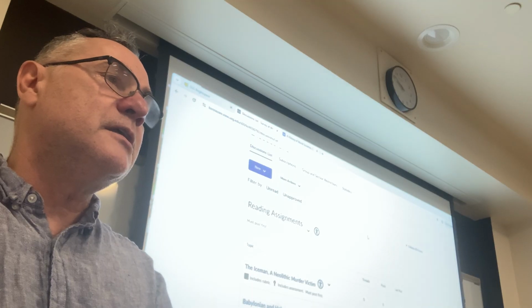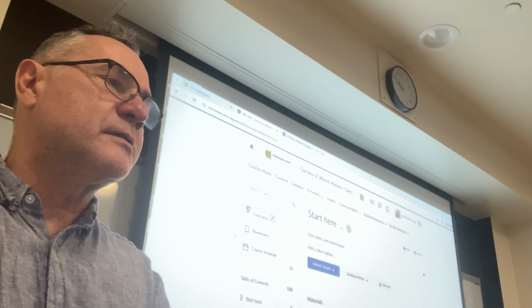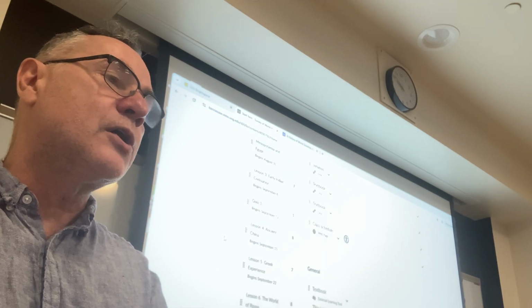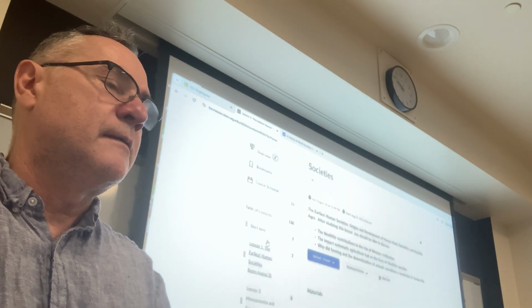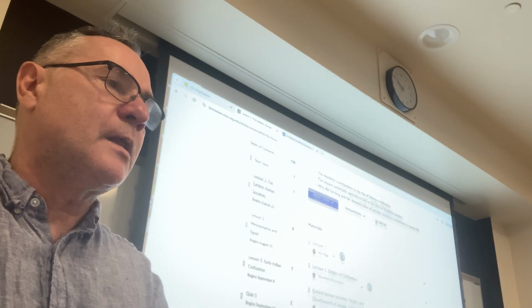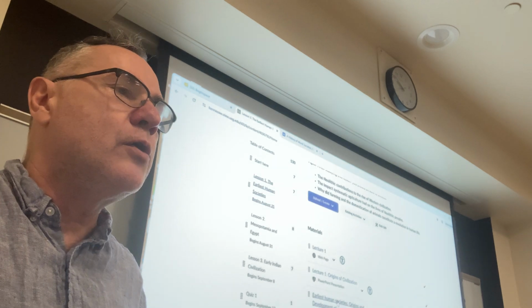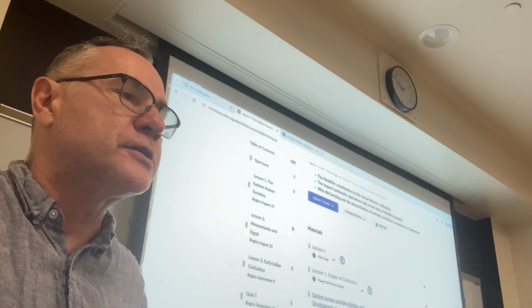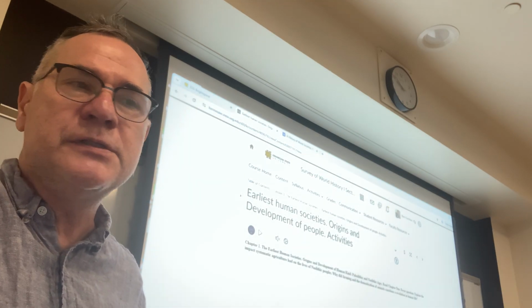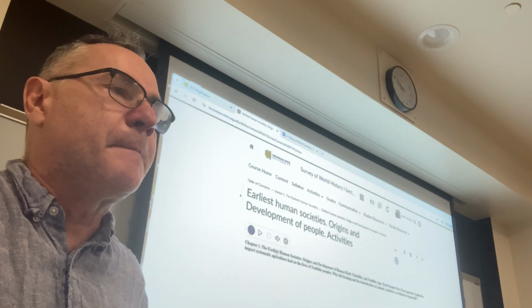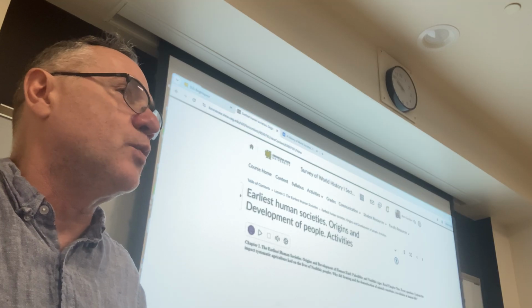In the D2L you also have a lot of learning materials that facilitate your learning, for the quiz, for instance. There are outlines for chapter 1, earliest human societies, origins and development of people. You will click on that and you see what you need to focus on when you're reading a chapter of the textbook.